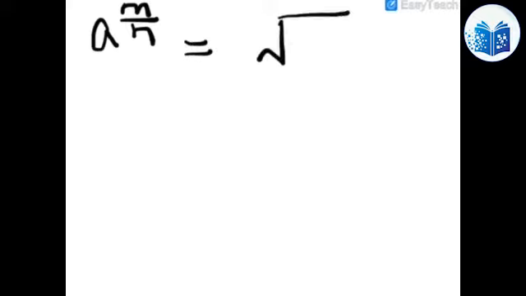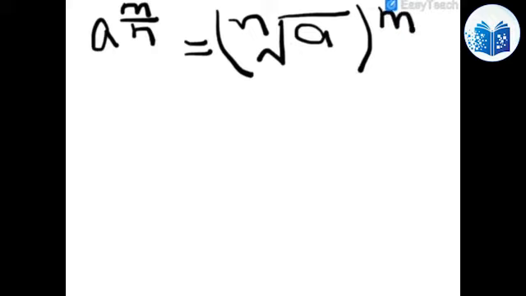Now, the last rule of indices is, if we have a to the index m over n, then this is always equal to the nth root of a, whole to the power m.